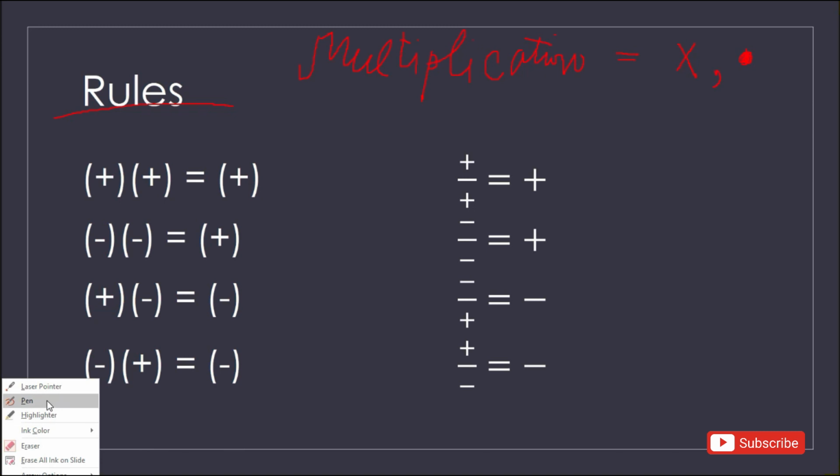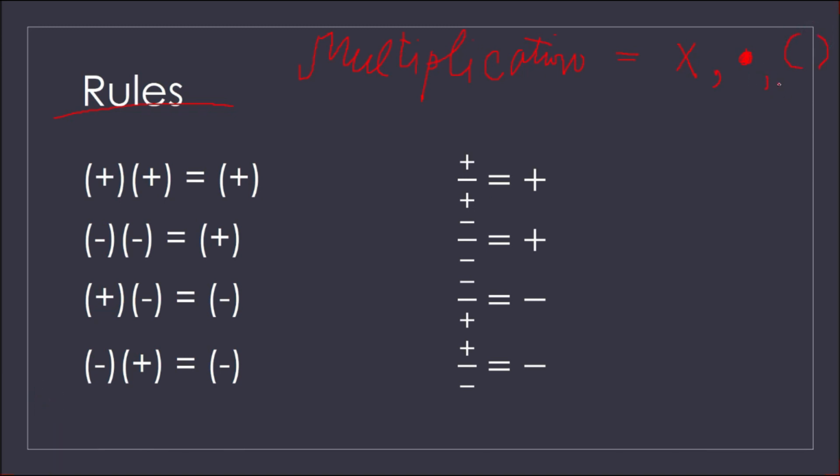Another symbol that we use is parenthesis. Right, so parenthesis is very common. Like here, I use parenthesis. Also, you use the bracket sign. Right, the bracket also means multiplication. Also, the braces mean multiplication.